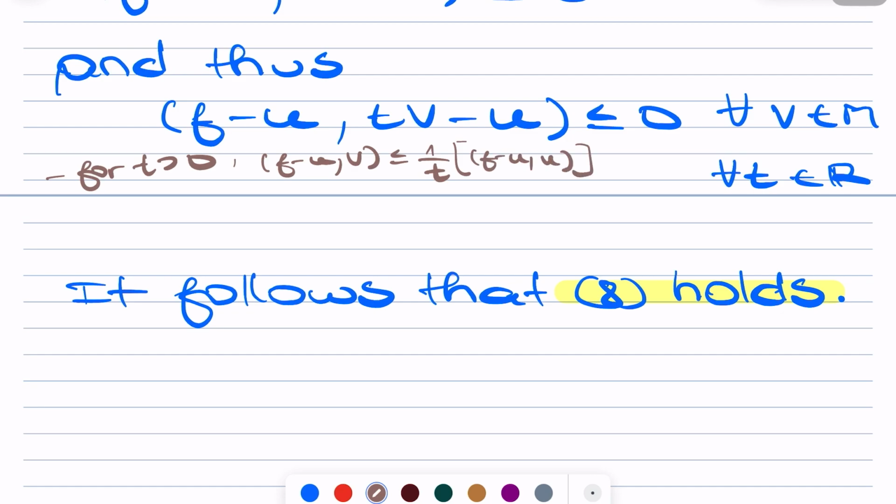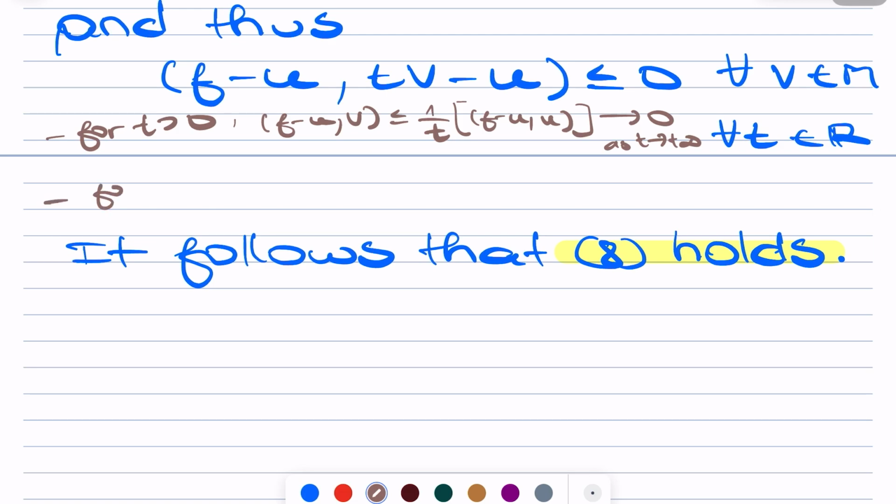But this actually goes to 0 as t goes to plus infinity. So you get that the scalar product of f minus u comma v is less or equal than 0. But on the other hand, for t strictly less than 0, the inequality changes, and we rather get that this with minus v is greater or equal than 0 for every v in M. So therefore the scalar product should be 0. Okay, so (8) holds.